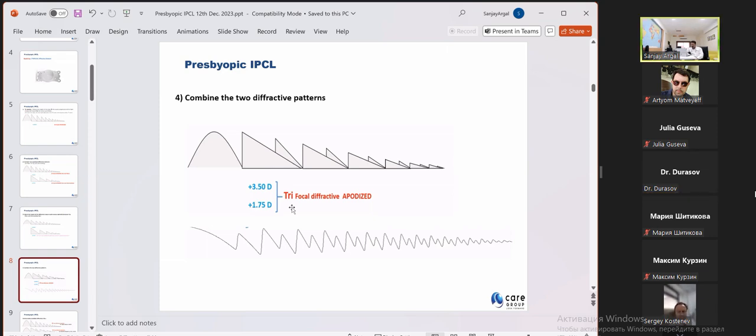But in a conventional trifocal lens, the power is symmetric. Like 3.5 addition for near and 1.75 for intermediate.